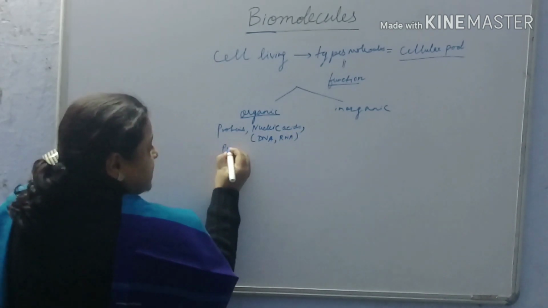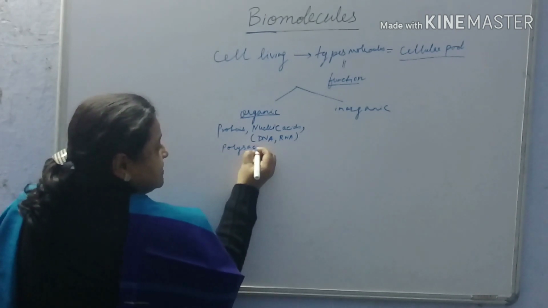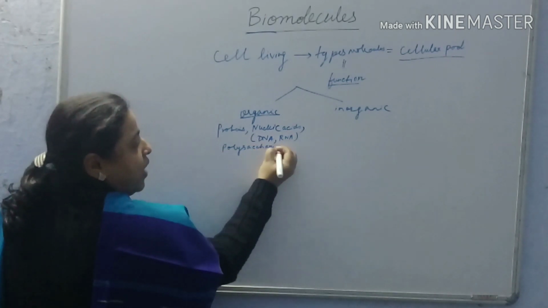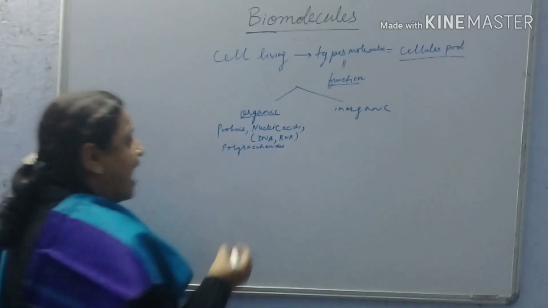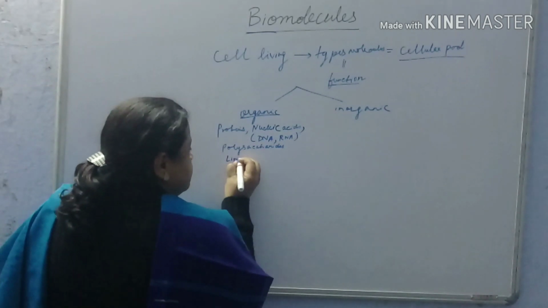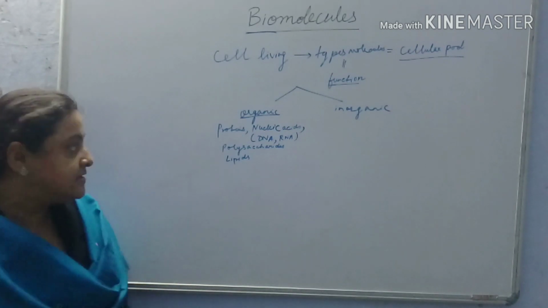Then there are the polysaccharides. Polysaccharides are a type of carbohydrates. They are basically complex carbohydrates. And there are lipids, which are commonly termed as fats.